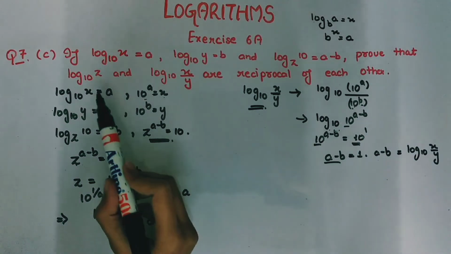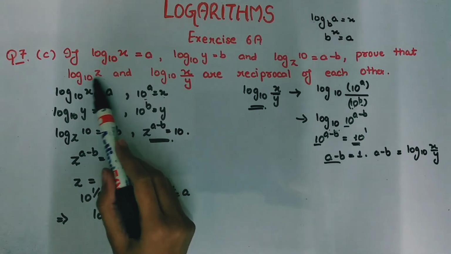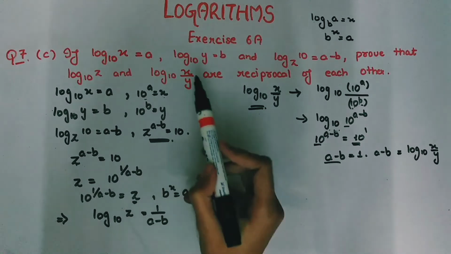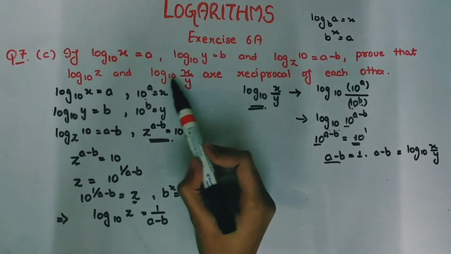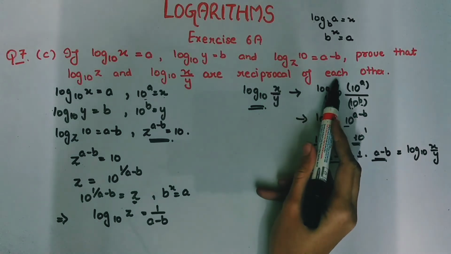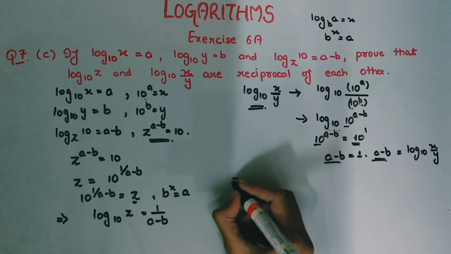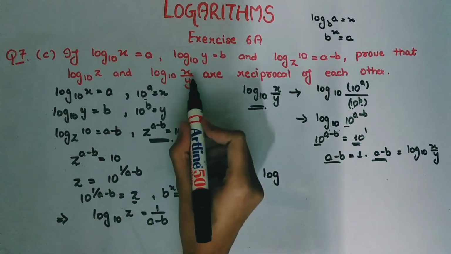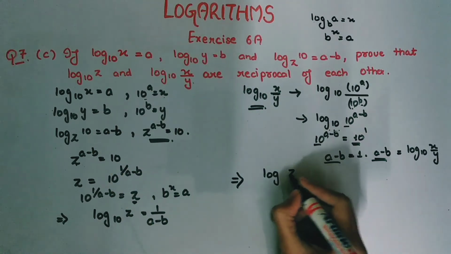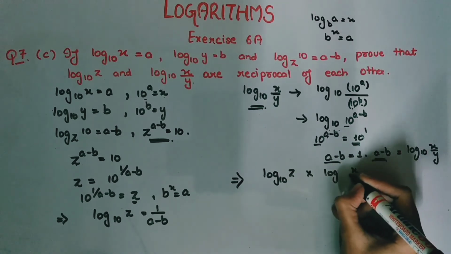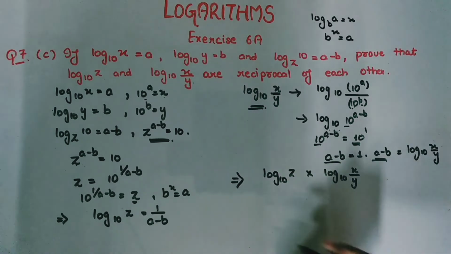Now what we have to prove is that log z to base 10, whose value is 1 divided by a minus b, and log of x by y to base 10, whose value is a minus b, are reciprocals of each other. To prove the reciprocals, we multiply log z to base 10 by log of x divided by y to base 10.